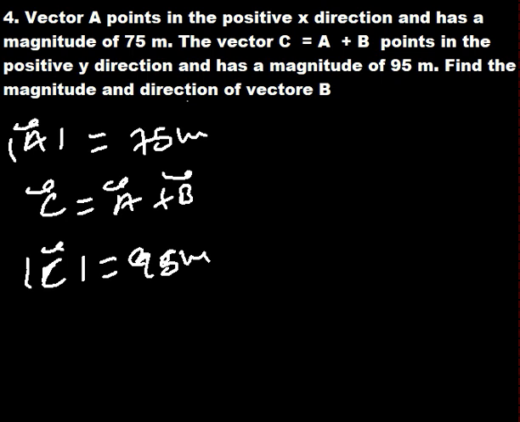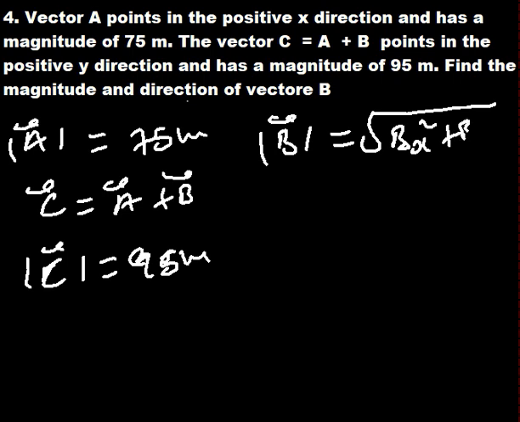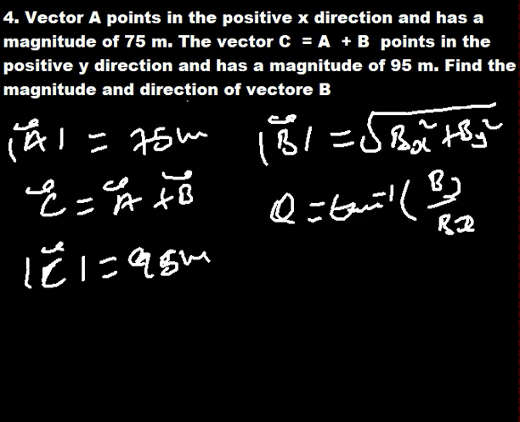So find the magnitude and the direction of the vector B. In other words, the magnitude of the vector B is given by the square root of bx square plus by square, and the direction is given as the tan inverse of by over bx.